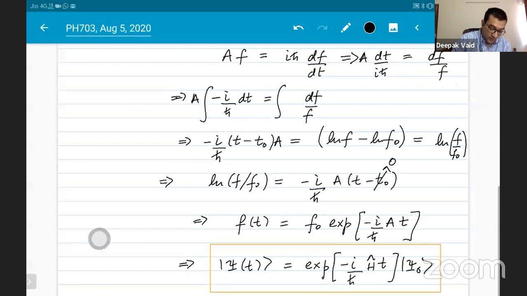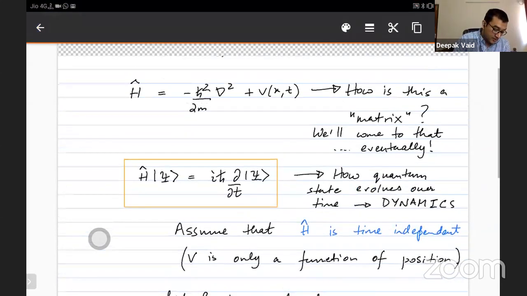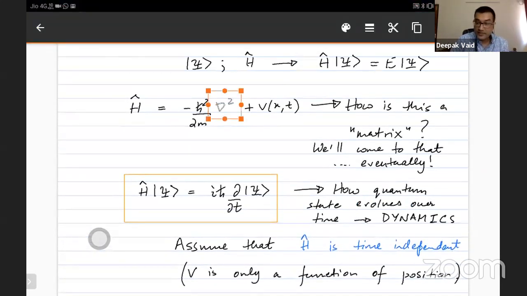Imagine starting off with this state at some instant of time, and then in the next instant, delta t, your state changes by some amount. When your state changes, the derivatives of that new state will also be different, right?